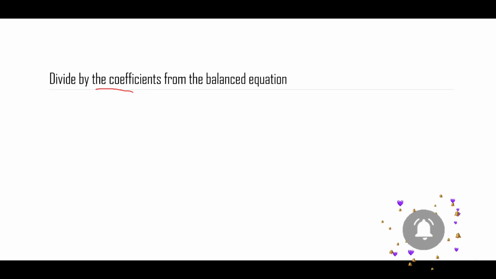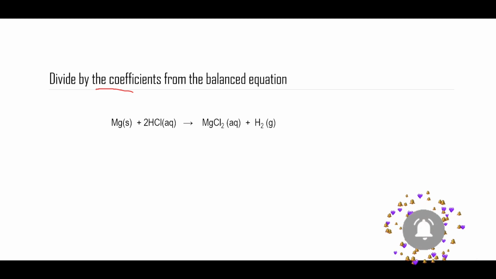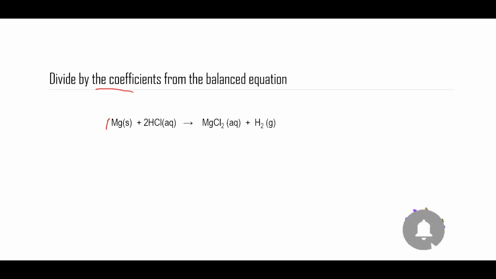So we write our balanced equation. When you look at the balanced equation, we have 1 mole of magnesium reacting with 2 moles of hydrochloric acid. We are going to use that information to get the values which we want. For magnesium, 0.083 moles divided by 1 mole from the balanced equation.